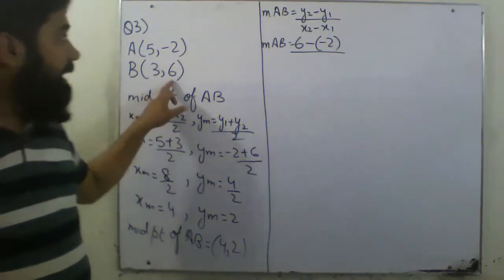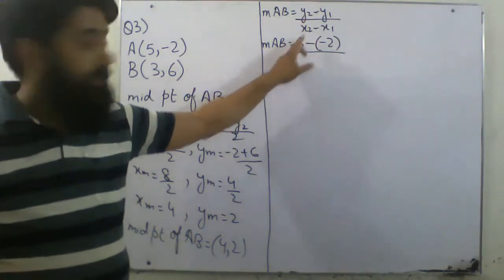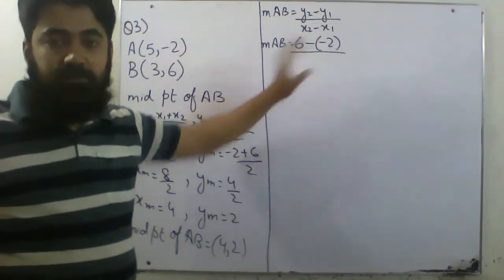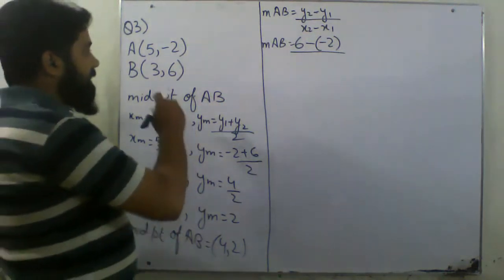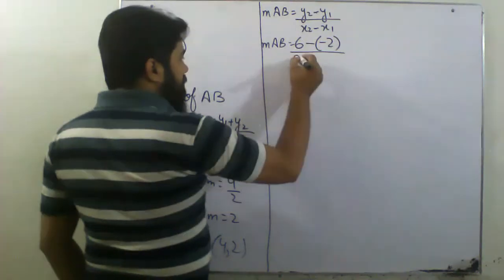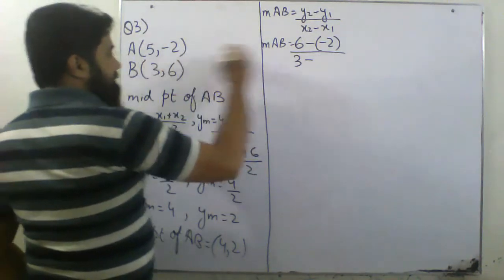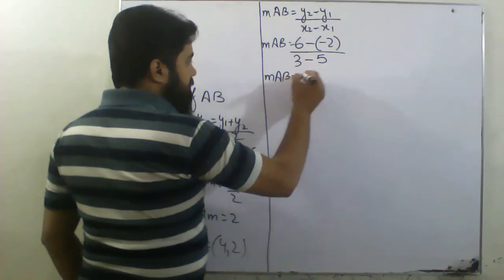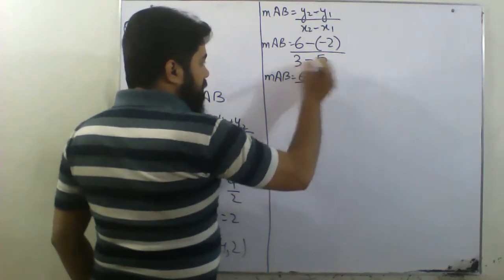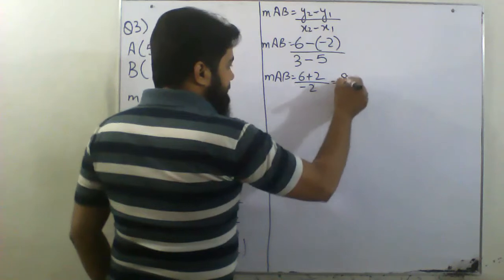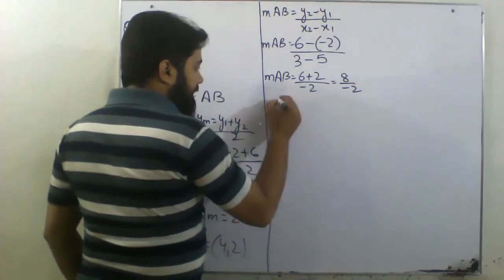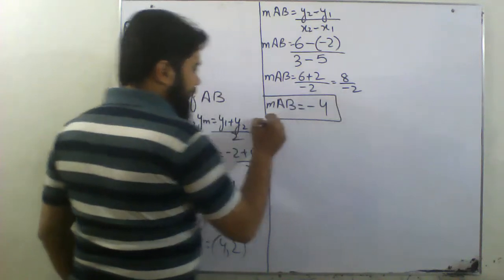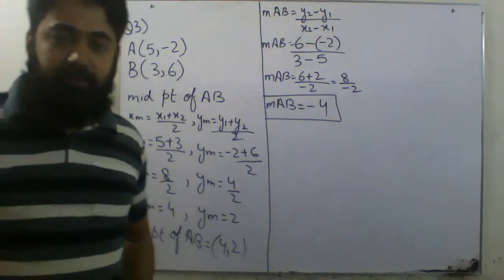No. Y2, that is 6, then minus sign of the formula, then y1, that is minus 2. In the same way, x2, 3 minus x1, 5. So m of AB will be 6 plus 2 over 3 minus 5, that is 8 over minus 2, and gradient of AB equals minus 4.